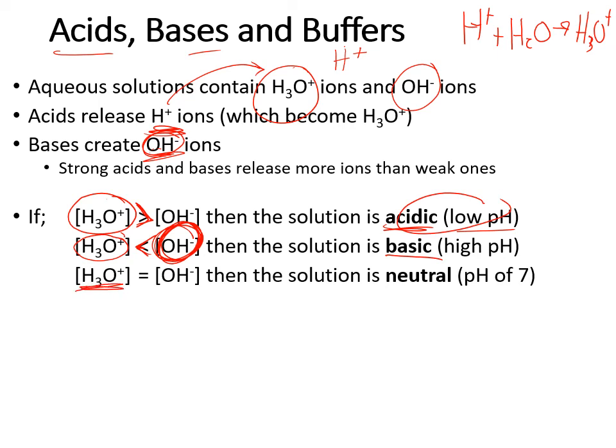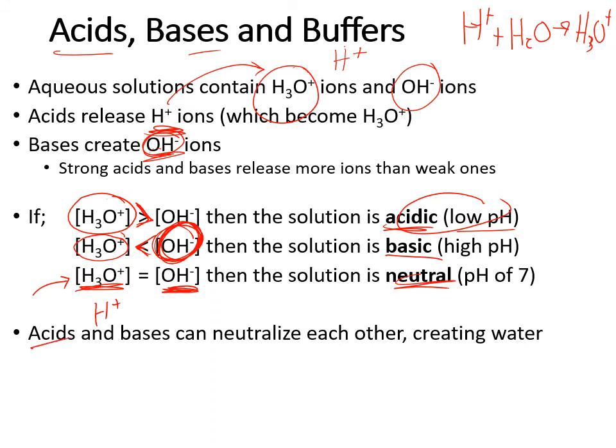If the hydronium ions, and remember a lot of times we just say hydrogen because we're being lazy, so hydronium or hydrogen, is equal to the amount of hydroxide ions, these square brackets refer to the concentration of them, the amount within a given volume. If those two concentrations are equal, the solution will end up being neutral.